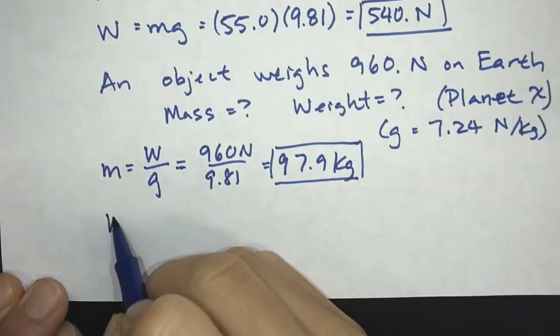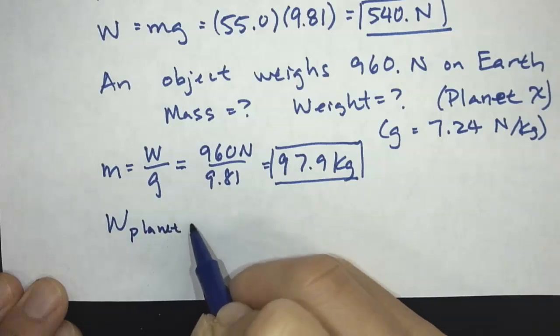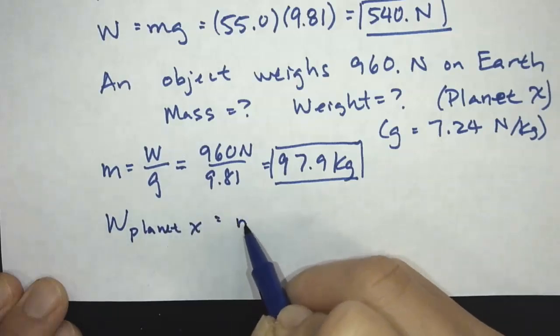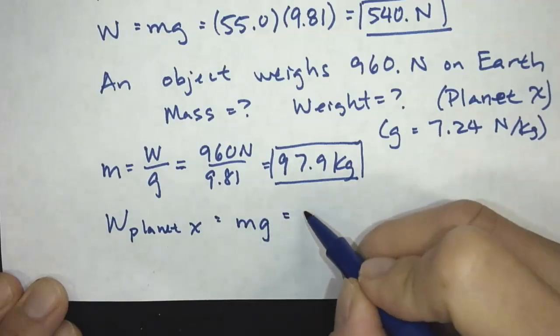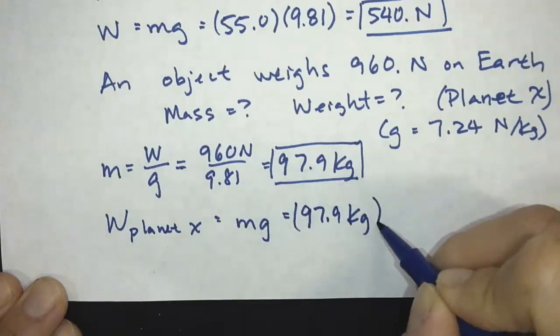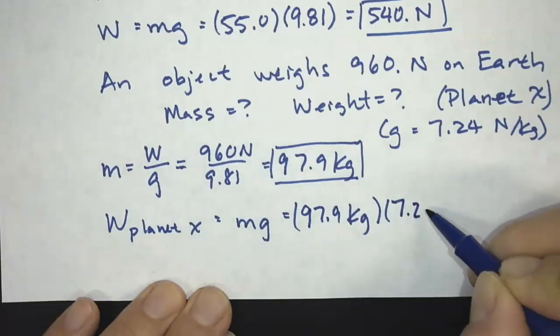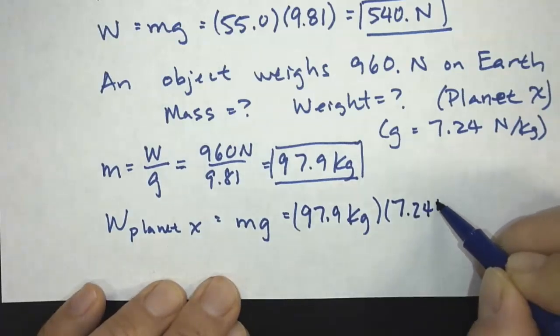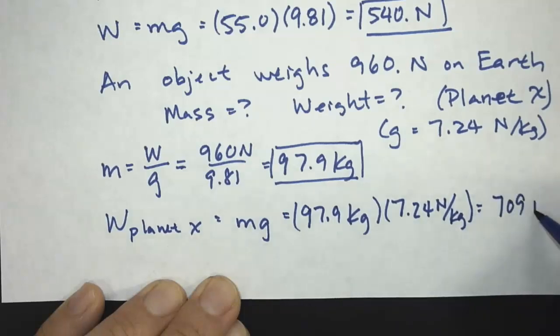To calculate the weight of this object on planet X, it's going to be the mass times the gravitational field on that planet. So it's going to be 97.9. Remember, the mass does not change, and the gravitational field is 7.24 newtons per kilogram, and we get 709 newtons.